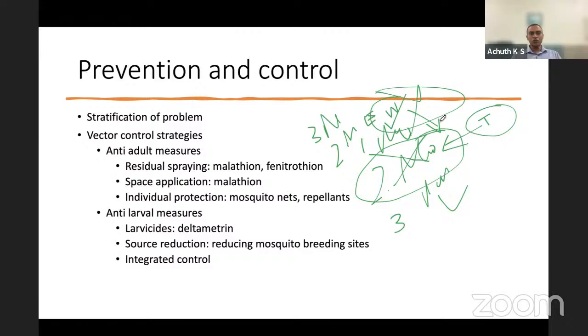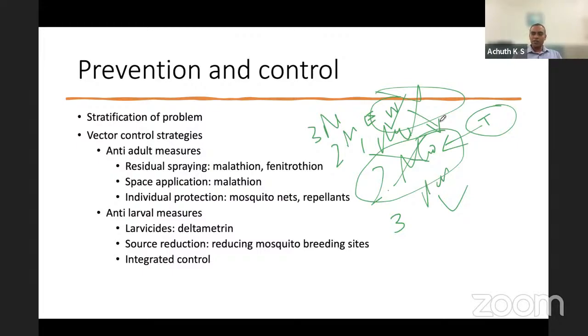On the walls. So you spray the adulticide chemical on the wall. What are the adulticides used for spraying on the walls? That is malathion and fenitrothion. This is called residual spraying. Why? Once you have sprayed the chemical on the walls, whatever is the leftover on the walls is called residual chemical. That is why it is called residual spraying.